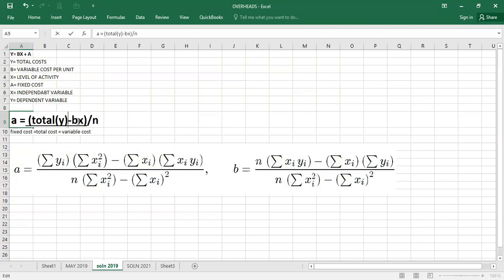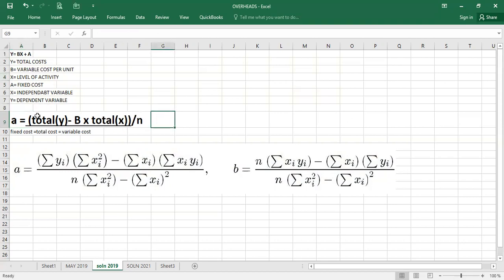And this number is very, very easy. Here we are saying we want the total value of X. But this one is multiplied, so we put a multiplication sign. What we are getting from here is the total.